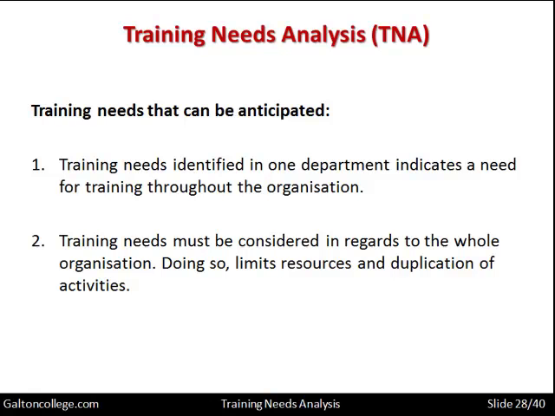Or could the materials that were developed for the first one be used, perhaps with some modifications, in the second one? Why duplicate? Why go back to scratch and develop a whole new program for the second department when essentially it requires the same training as the first department?